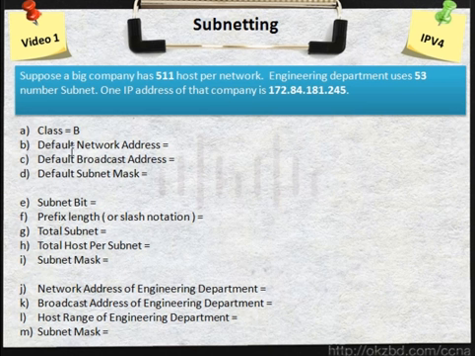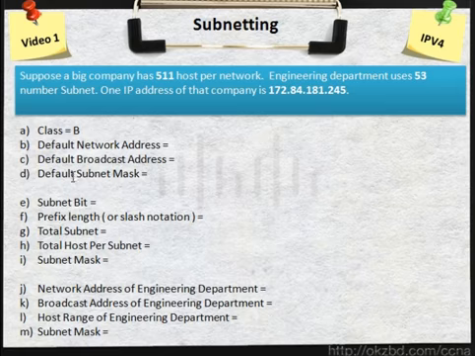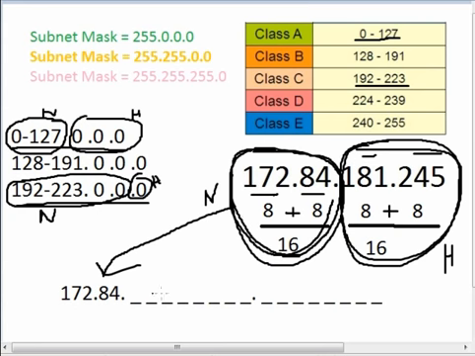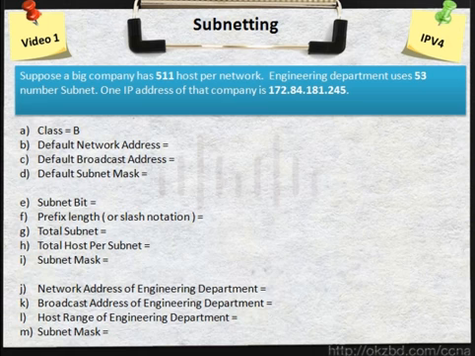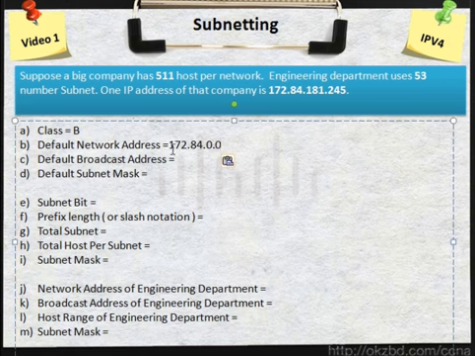We have to find out the default network address. For the default network address, these bits will be all 0. If it is all 0, then the result will be 172.84.0.0. This is the answer for this one.